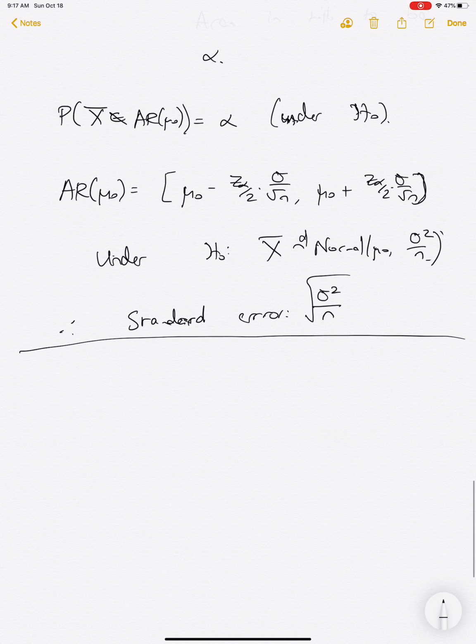We have one thing, which is the confidence interval.